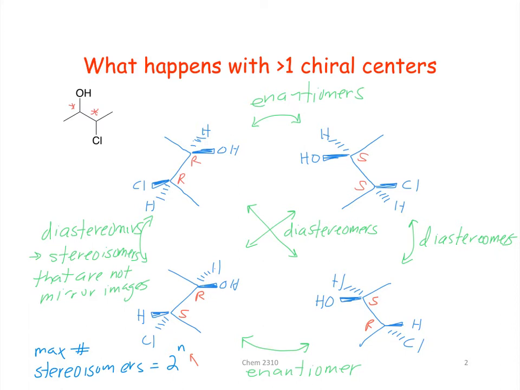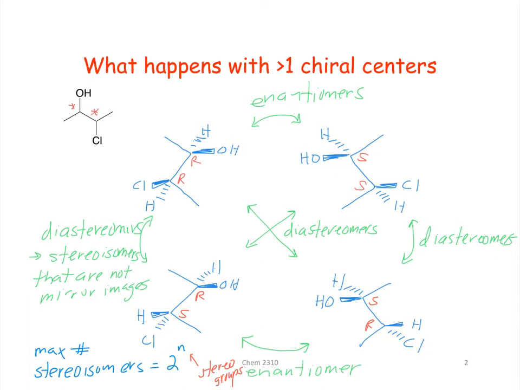So we could also have cis-trans double bonds or something like that. So these are stereo groups. All right, so in this case we have 2 chiral centers, 2 to the second power, 4, we have 4 stereoisomers.